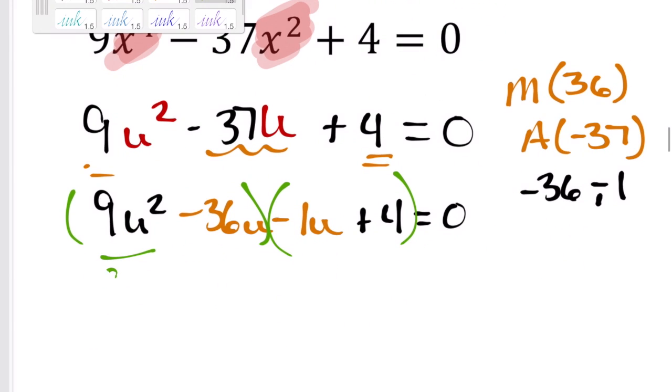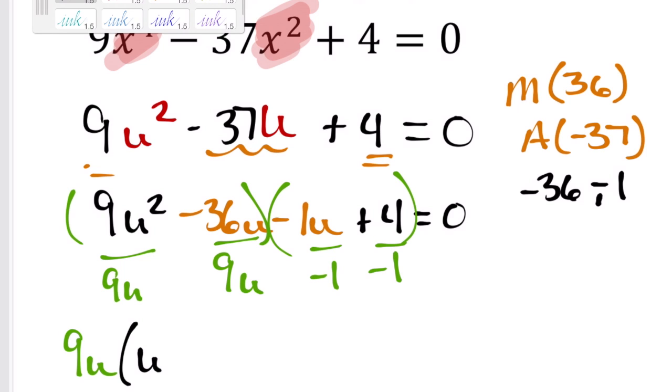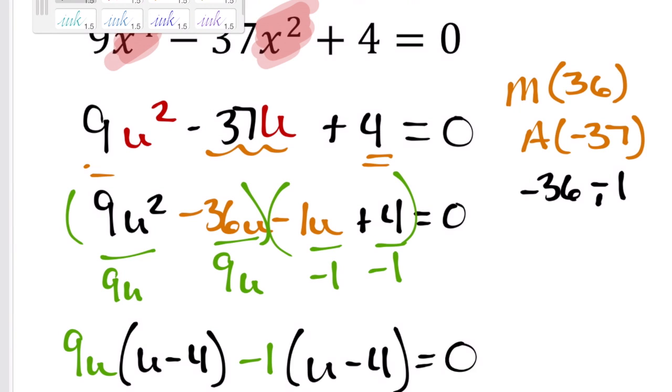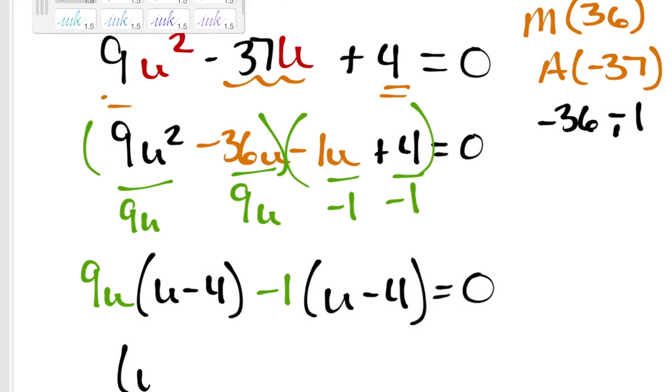I can take a 9u out of the first group, a negative 1 out of the second. I always want that first term to be positive. And so now my factors are that u minus 4 that they had in common, and then 9u minus 1.